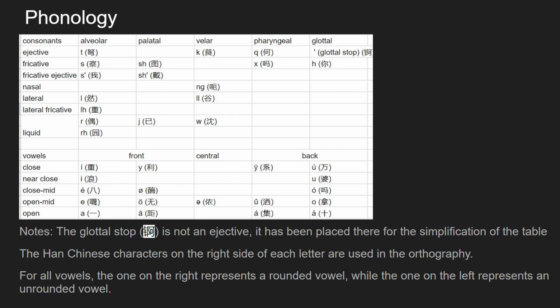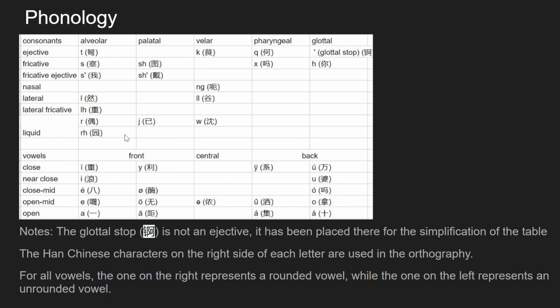So the phonology. This is the chart of the phonology here. I'm just gonna read out all of the sounds. So you have s, sh, ch, h, s, sh, ng, l, w, sh, r, y, w, r.